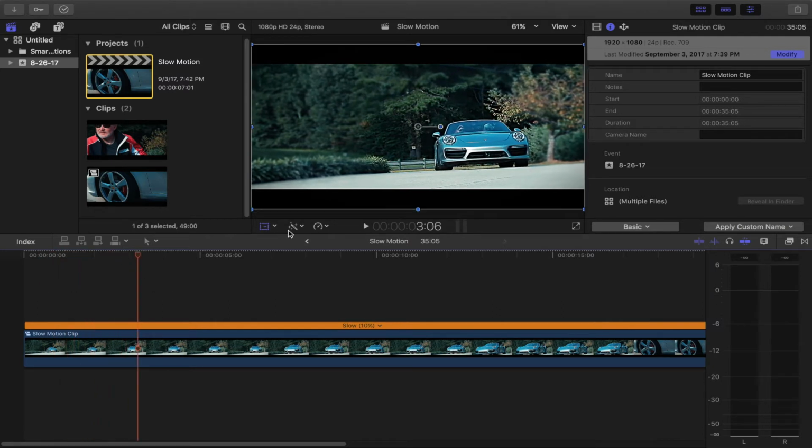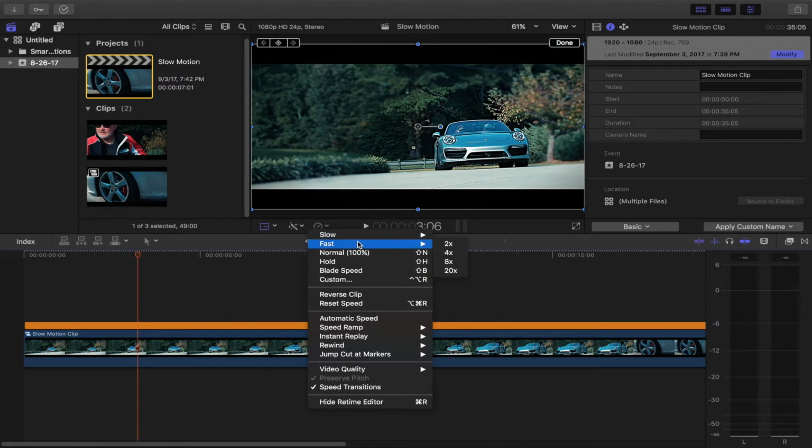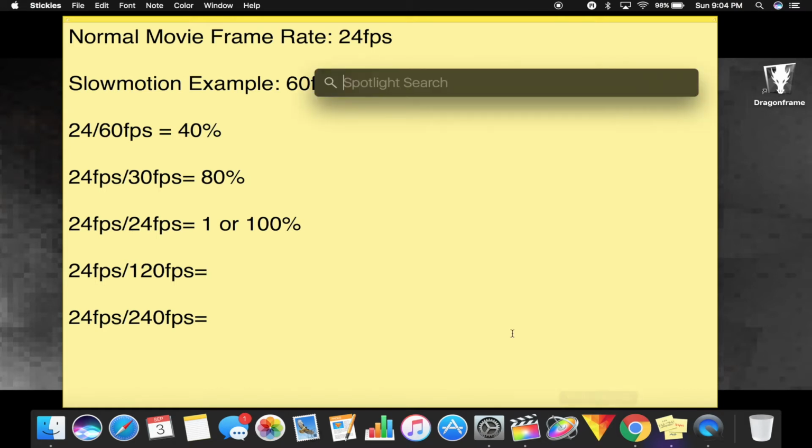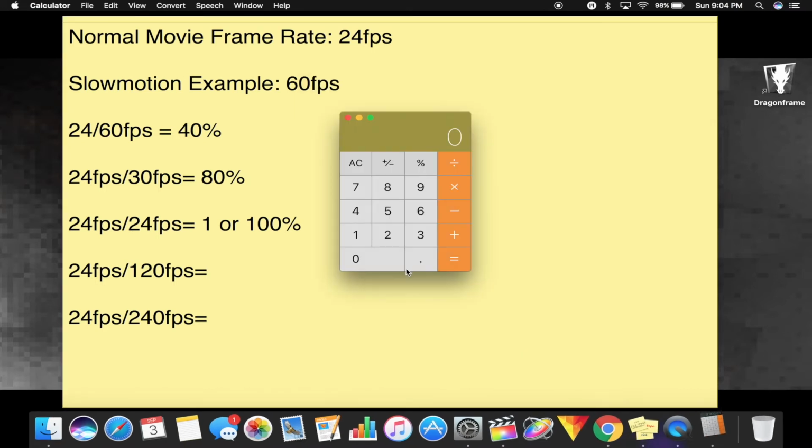Now if you had something that could actually film in slow motion, like for example, if you did 24 frames per second divided by 120 frames per second, or 24 frames per second divided by, I don't know, 240 frames per second. If you actually had slow motion cameras, which 60 frames is common, then you could go even slower.